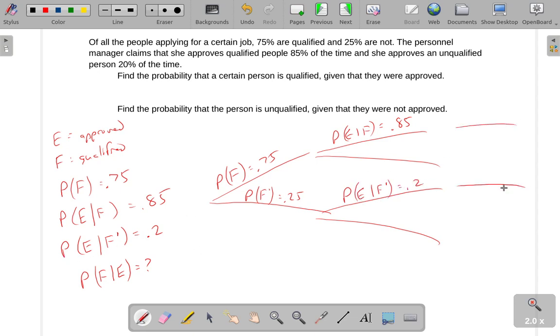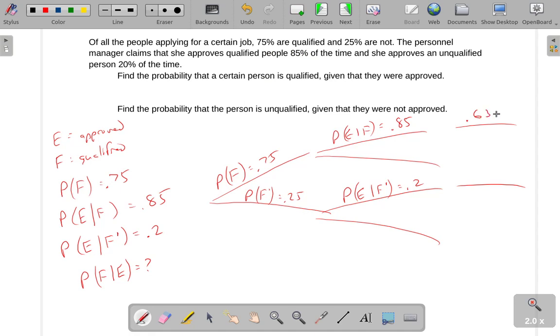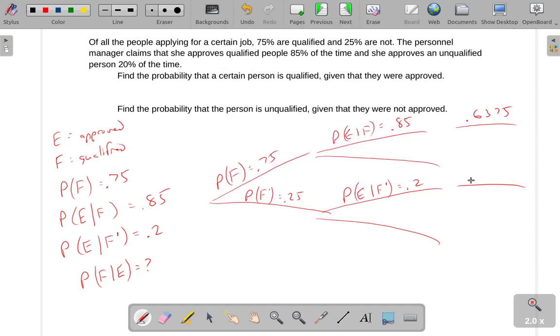I'm just focusing on these because I'm trying to find the probability of F given E. I just focused on the two branches where E happens, E given F and E given F complement. Multiplying these numbers together to get the branch probability, we get 0.75 times 0.85, which gives us 0.6375. And down here, 0.25 times 0.2, which is 0.05.